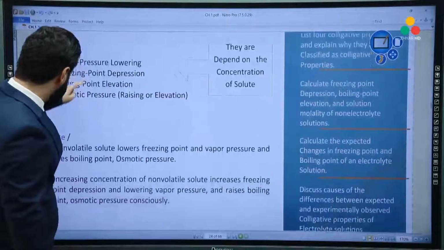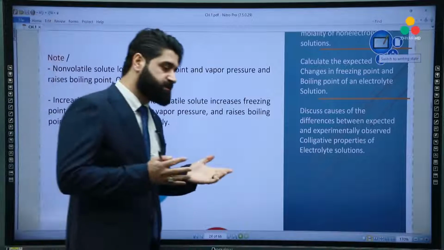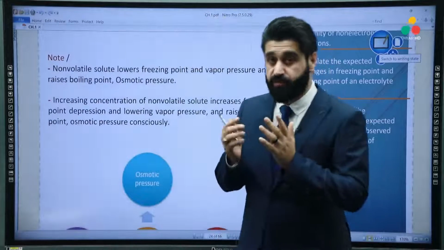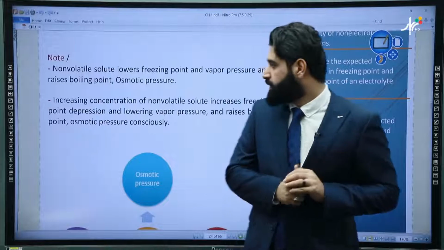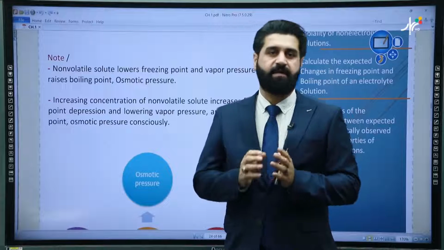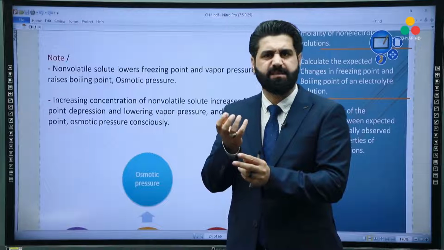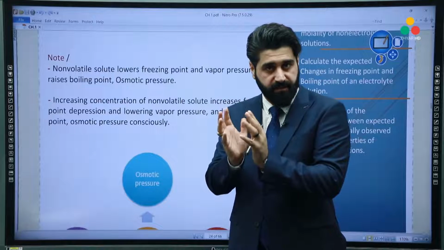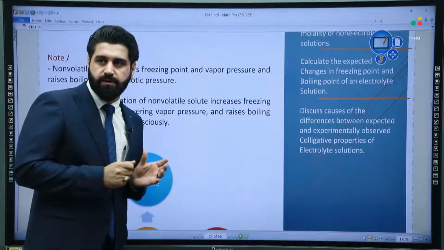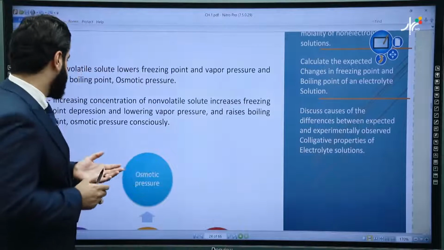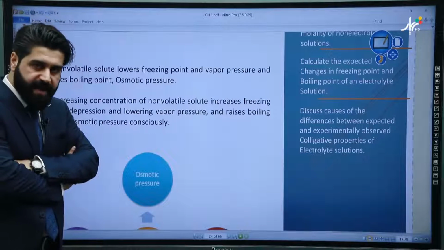Well, now I want to classify a solute based on its tendency to vaporize. We have two types of solute, one called non-volatile, another called volatile. Non-volatile means something that doesn't vaporize easily. In contrast, volatile means something that vaporizes easily.